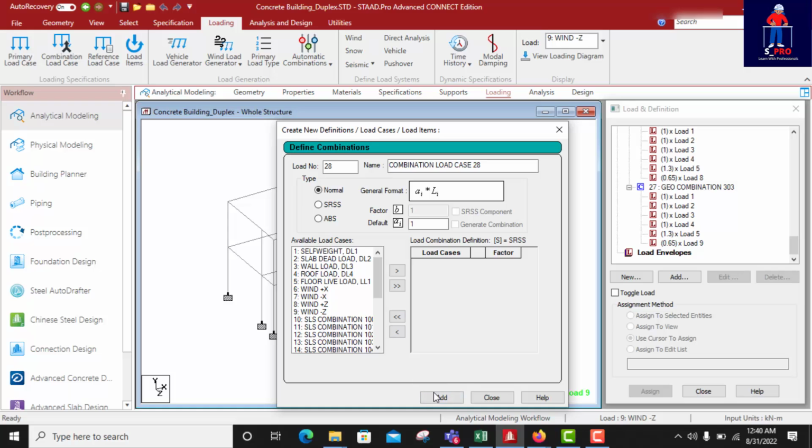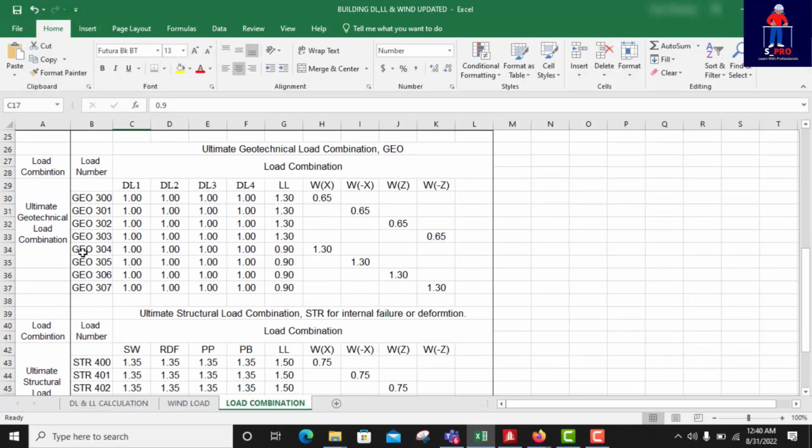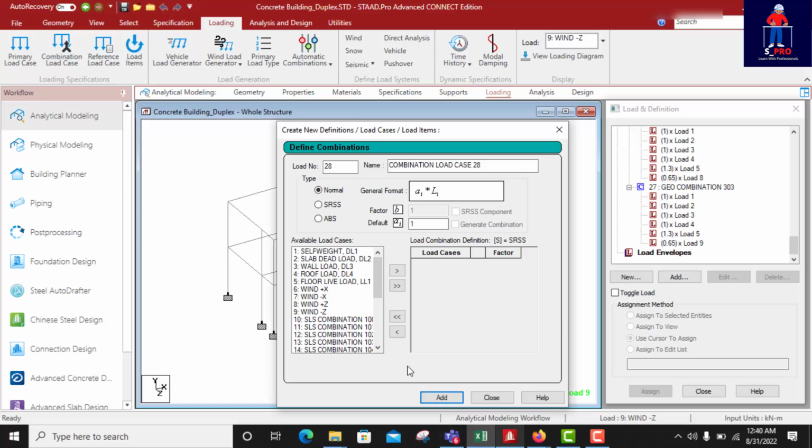And then the next one is the dead load. We have factor 1, live load 0.9, then wind load will be 1.3, starting from 304. 304.